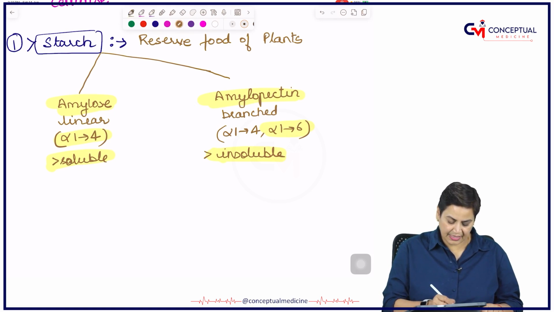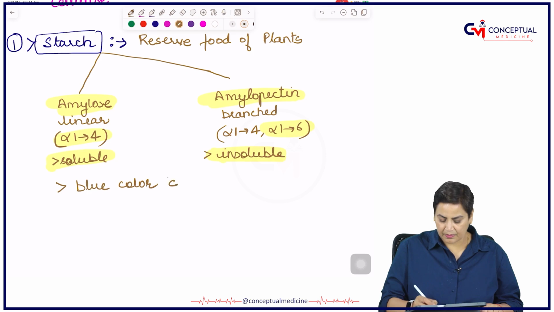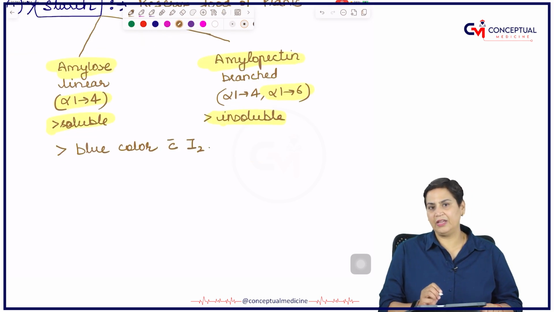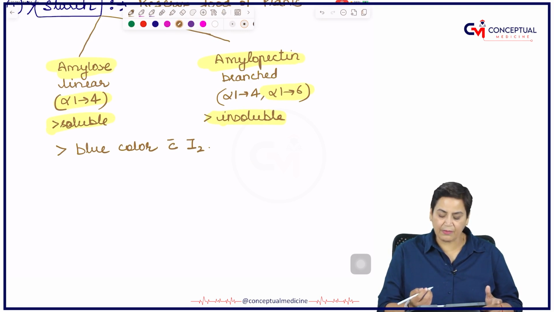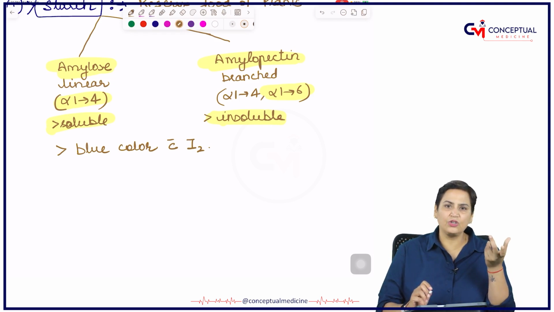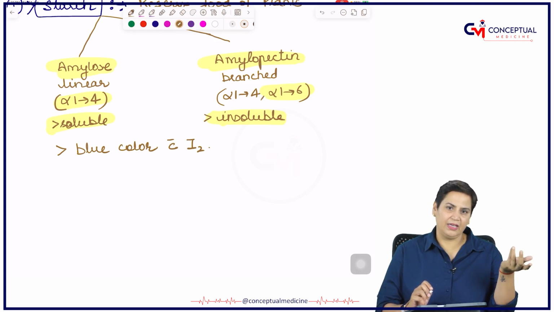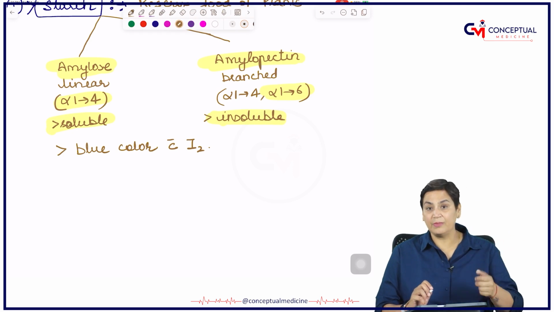The basic idea behind this coloration is that iodine fixes itself into the glycosidic linkage. The moment we heat the solution, iodine will go out and the coloration will disappear. If it is allowed to cool down, the coloration will appear again. So this becomes a confirmatory test to check for starch.